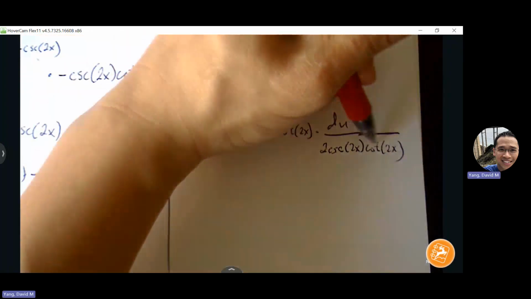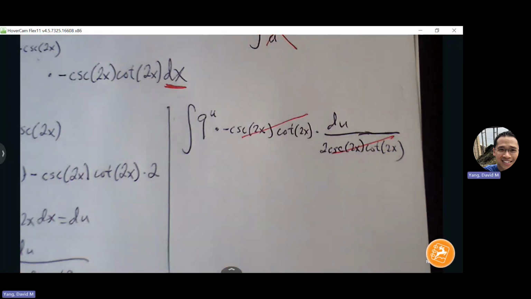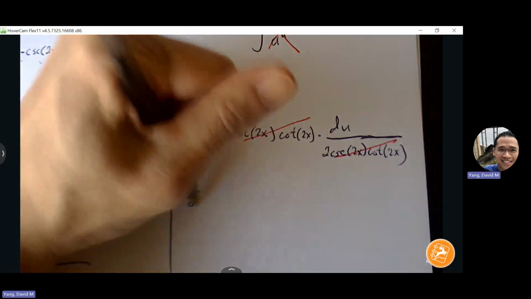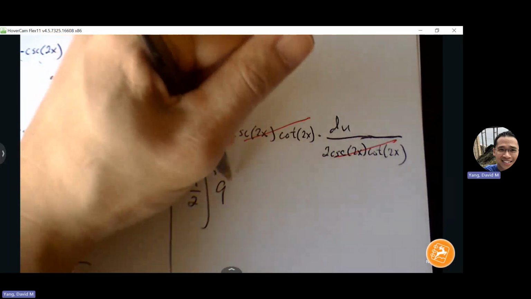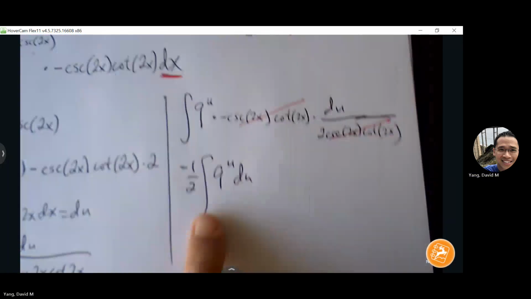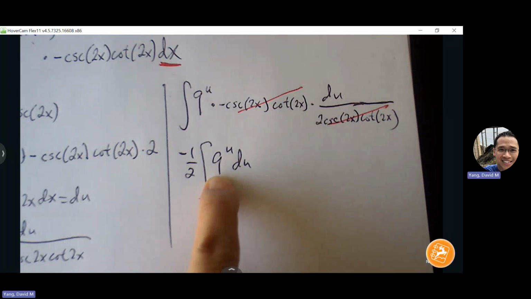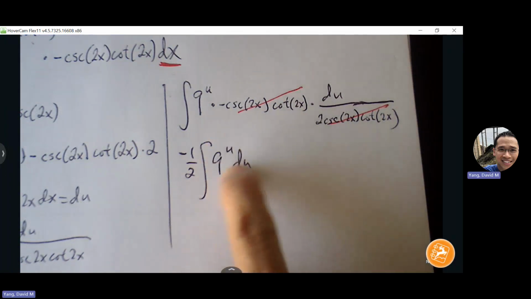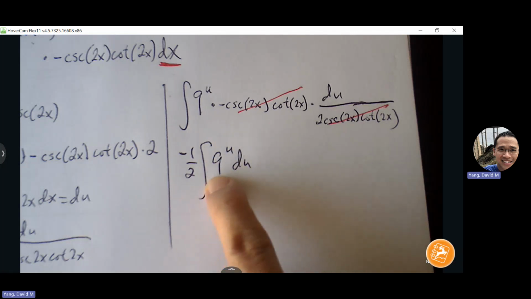So most everything cancels out, but there's a leftover what? Good, -1/2. Can that -1/2 merge with a 9 and make it 9/2? Yes or no? No. This is not a 9. That's a 9 raised to an exponent. This is a function here. So that 9 is not the same as just a 9. It's not a coefficient we can pull out. That's part of a function there.